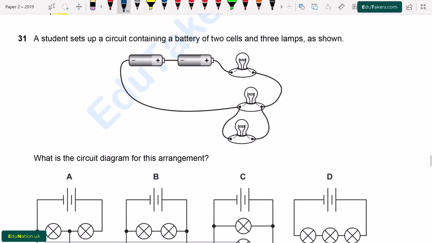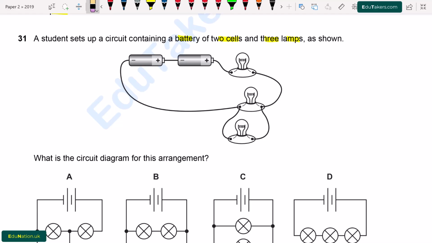Question number 31. A student sets up a circuit containing a battery of 2 cells and 3 lamps as shown. So there are 2 cells and 3 lamps that are connected in a series and parallel combination. What is the circuit containing for this arrangement? In this diagram, we can see that both of the cells are connected in series.